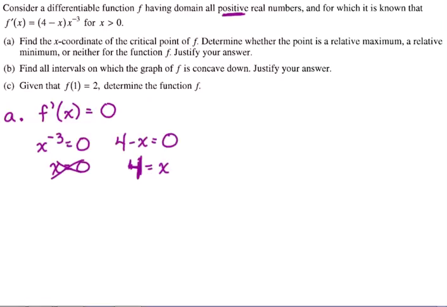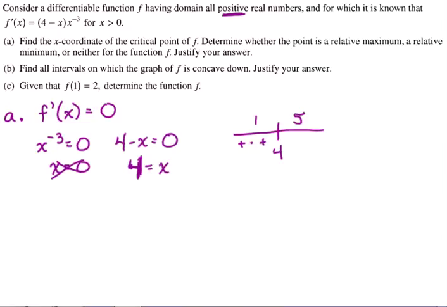Determine whether the point is a relative maximum or relative minimum or neither for the function f. Justify your answer. Let's start with a number line, but do remember that a number line is not good enough. We're going to have to put this in words for actual true justification. f prime of 1, if we plug it into the factored form, that's the easiest way to evaluate it. 4 minus 1 is positive. 1 to the negative third is positive.